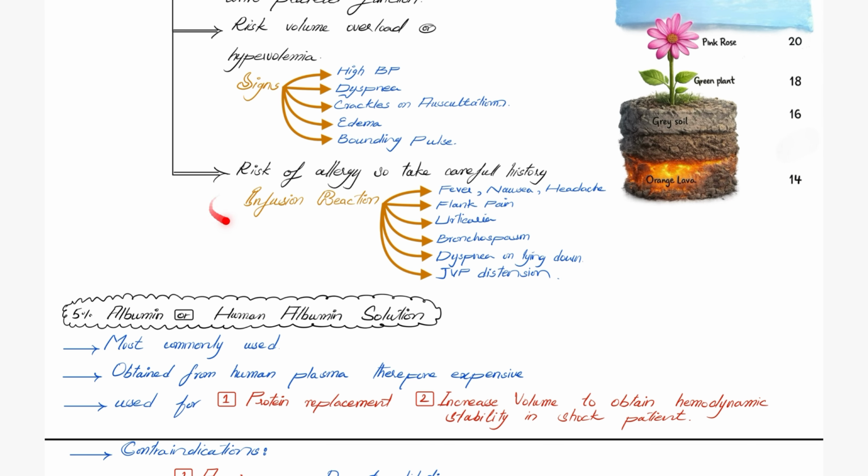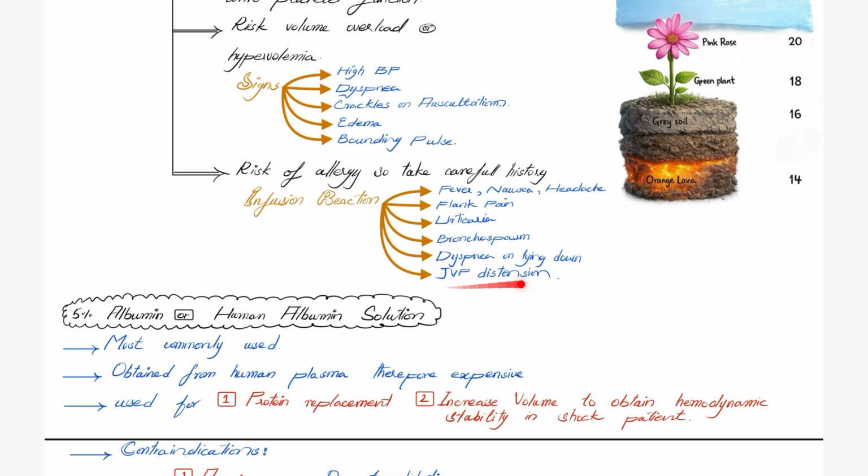If an allergy occurs, then this is called an infusion reaction. The patient may have fever, nausea, and headache, or may complain of flank pain, or a pruritic rash may appear all over the body. That's called urticaria, which does not last more than 24 hours. Or there may be bronchospasm, which leads to shortness of breath, or dyspnea on lying down, which is also called orthopnea, and this is because of pulmonary edema, or the JVP may get distended.